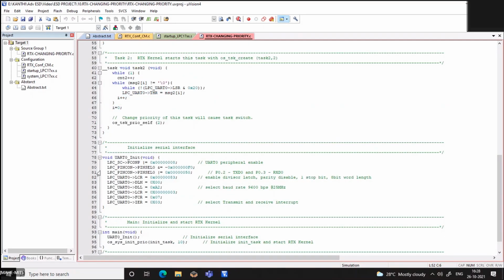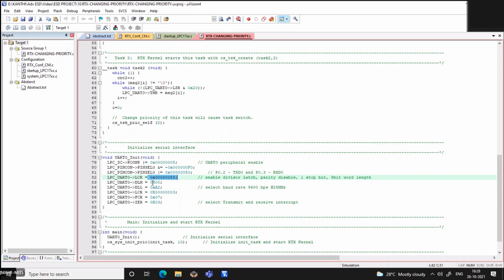And in your initialization function, UART, you have a power control that is enabling the peripheral, and TXD and RXD of the specific UART which you are using. For baud rate, that is the line control register, that is the formatting of your data.